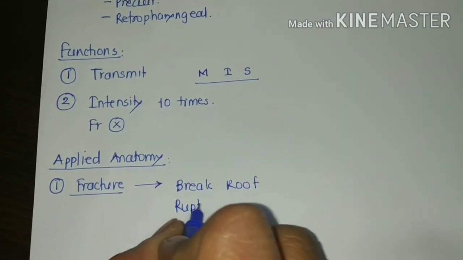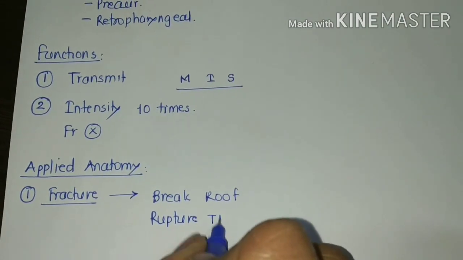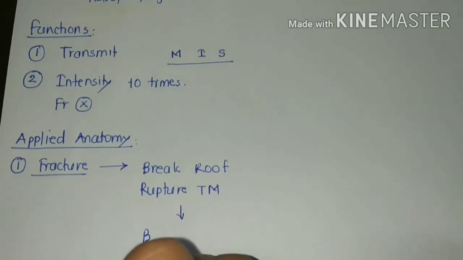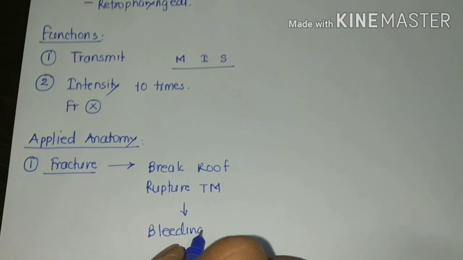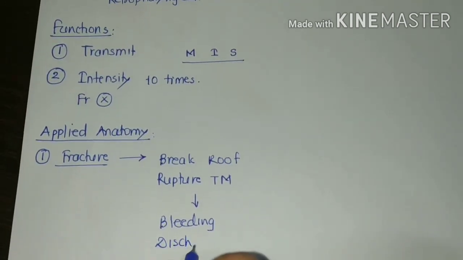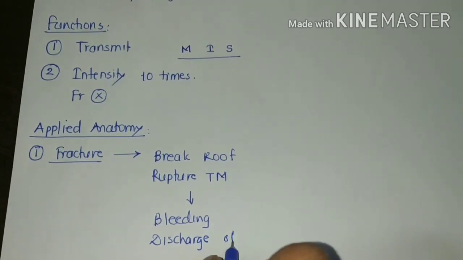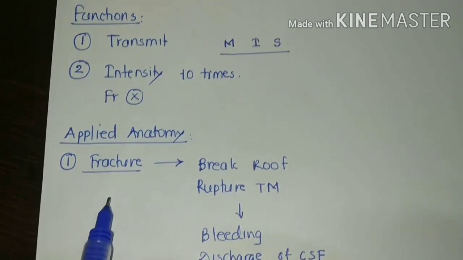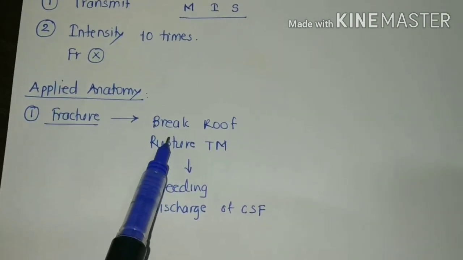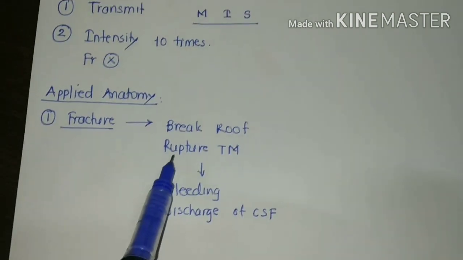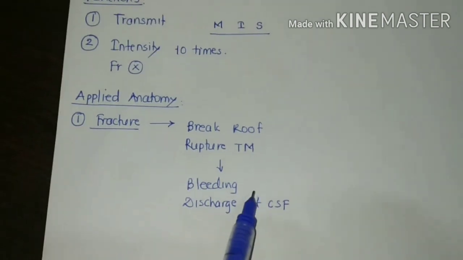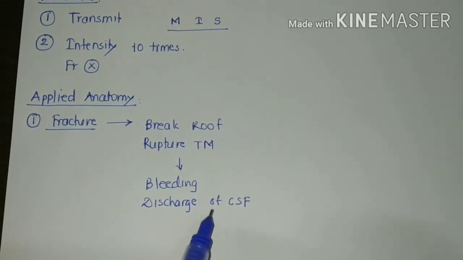It will also rupture the tympanic membrane, and this will cause bleeding through ear as well as discharge of CSF. Clear? So fracture of middle cranial fossa will lead to breaking of the roof as well as rupture of tympanic membrane and bleeding through the ear and discharge of CSF.